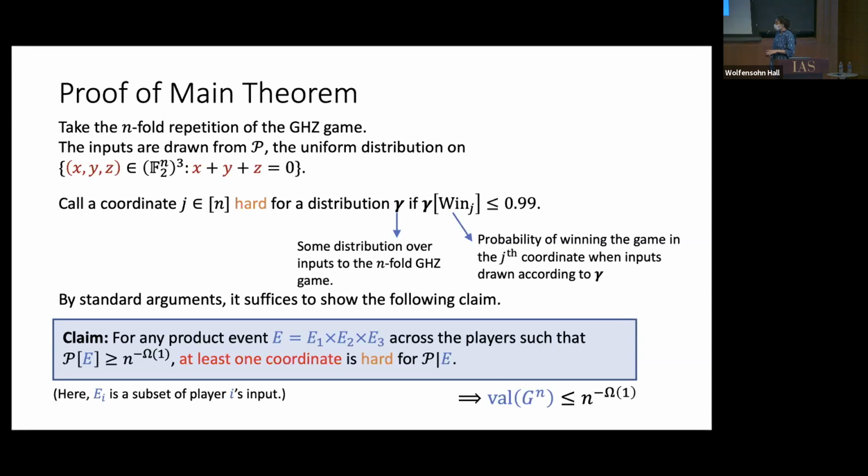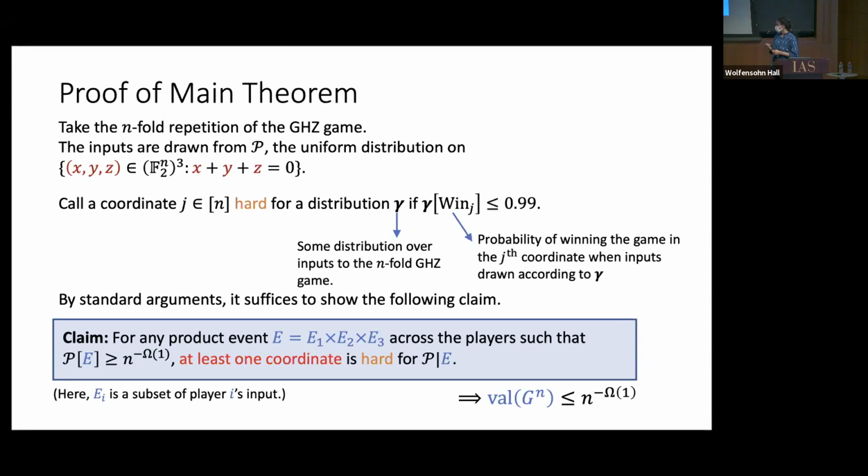So I'm going to assume this, but let me try to give a short justification for why you might expect this. Imagine when you're trying to prove this kind of parallel repetition theorem, you're trying to understand the probability of winning all coordinates, and you can break it up as understanding the probability of winning the ith coordinate conditioned on winning the first i-1 coordinates. So you're going to want to bound terms of this form.